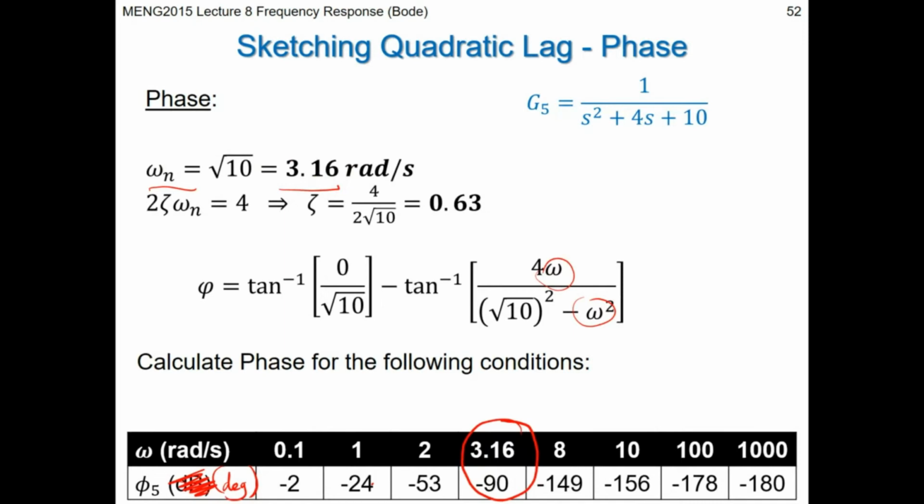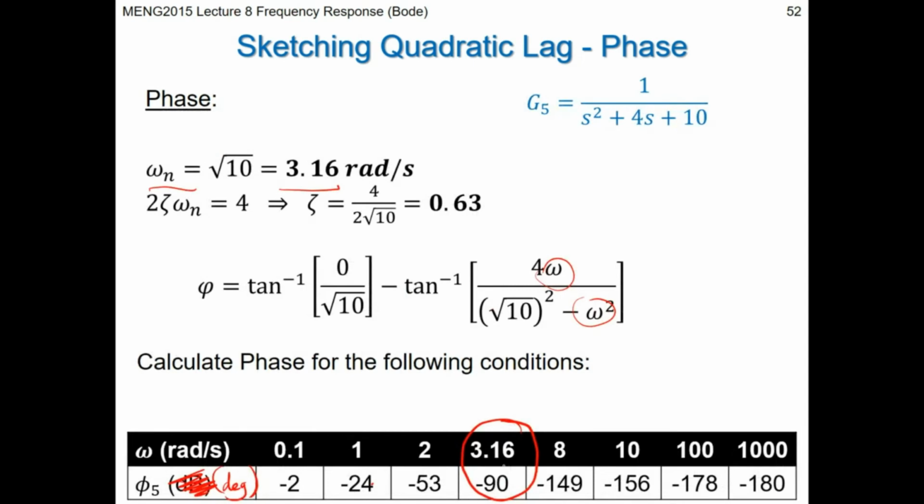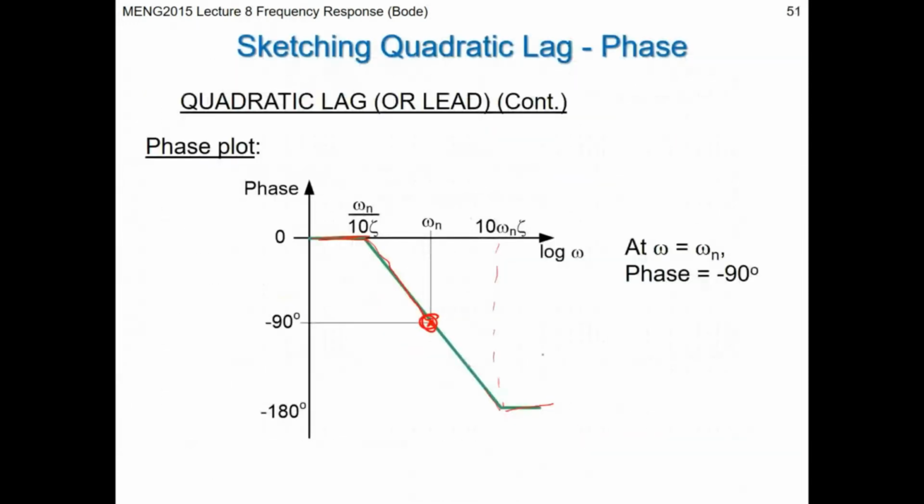So as we said on the previous slide, at our natural frequency we expect to see minus 90, and yes, we can verify that because we are seeing minus 90 at 3.16. And then as we continue up to higher numbers, you get minus 180, as expected from our asymptotic approximation.